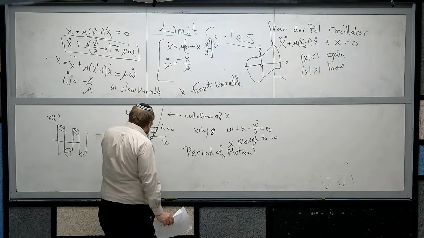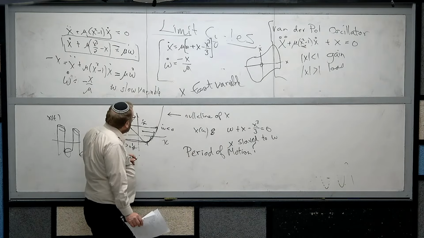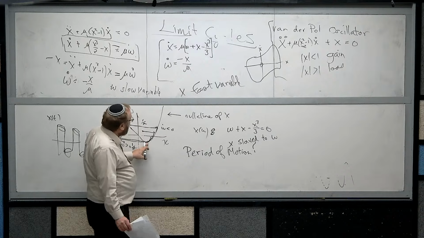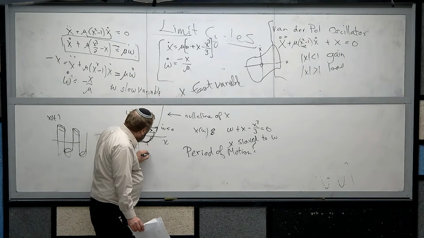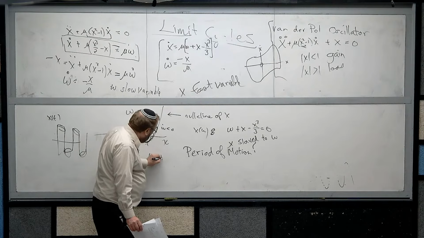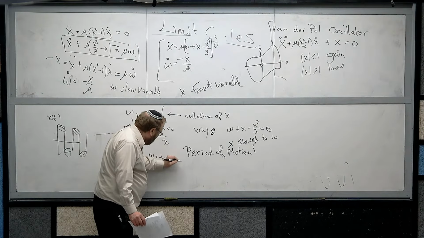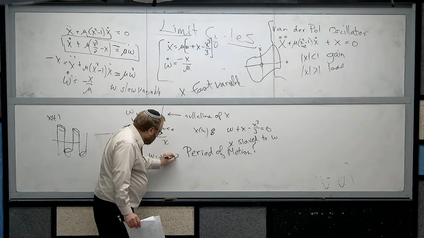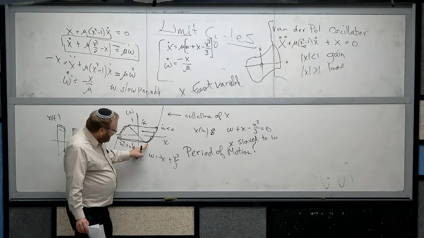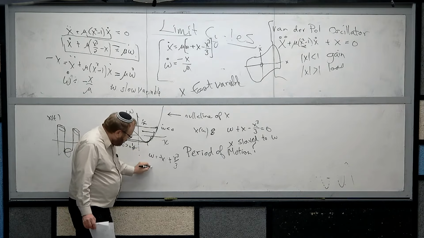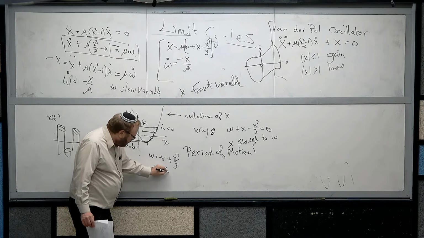And if you think about it, where is the bottom of this curve? This curve, remember, is omega equals x minus x plus x cubed over 3. So the bottom here is at the minimum of that, which is, therefore, minus 1 plus x squared equals 0.